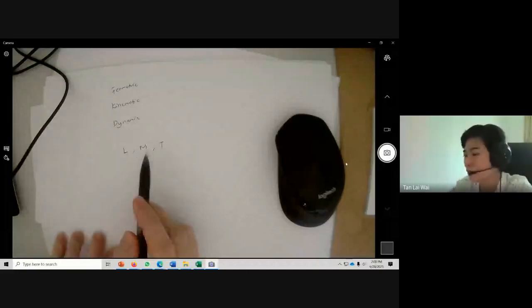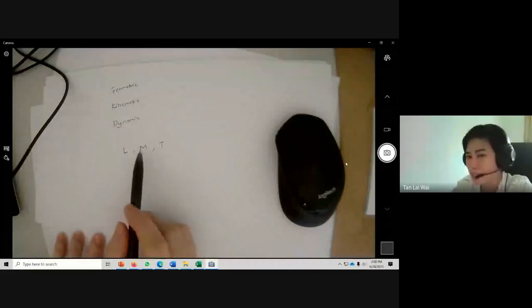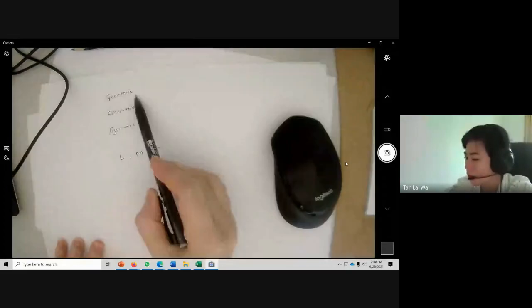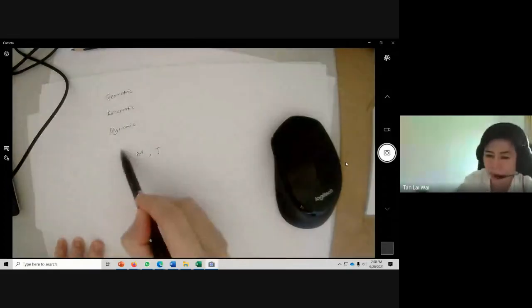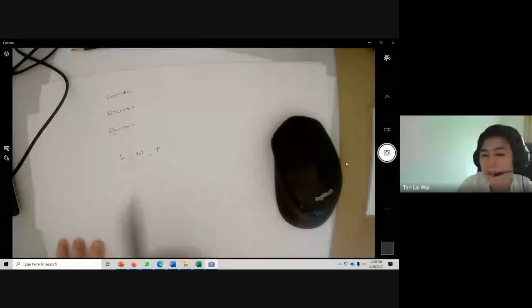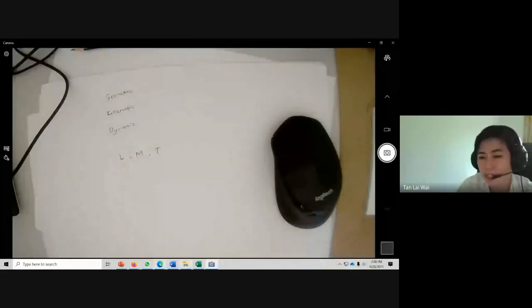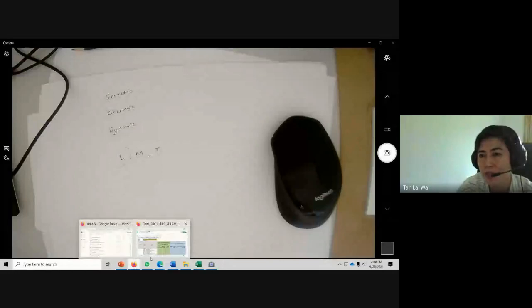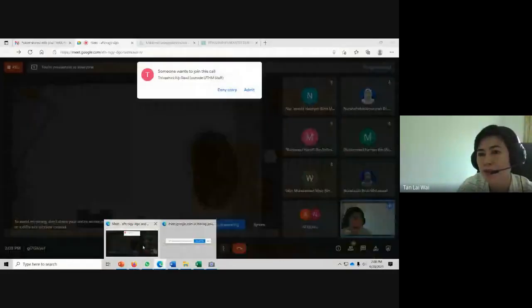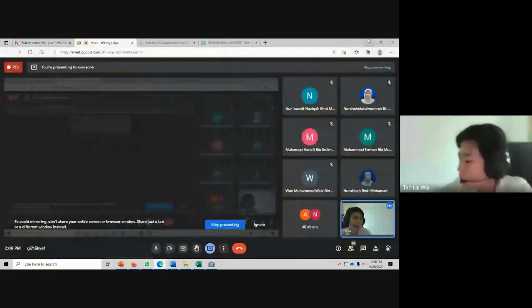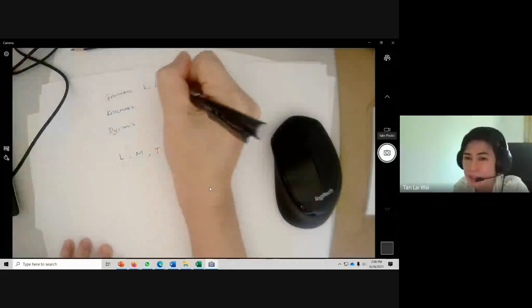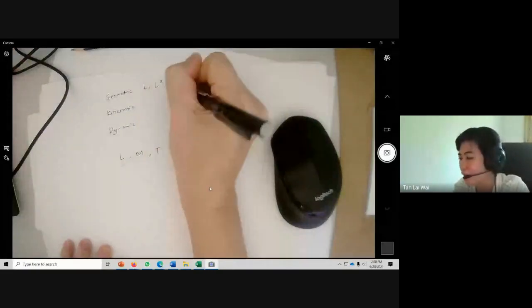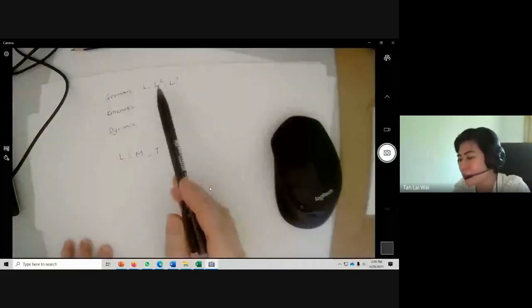Now, geometric quantities only deal with L. It doesn't matter, it could be L squared, in terms of area, it could also be L cubed for volume, as long as it's just dealing with L, the dimension.